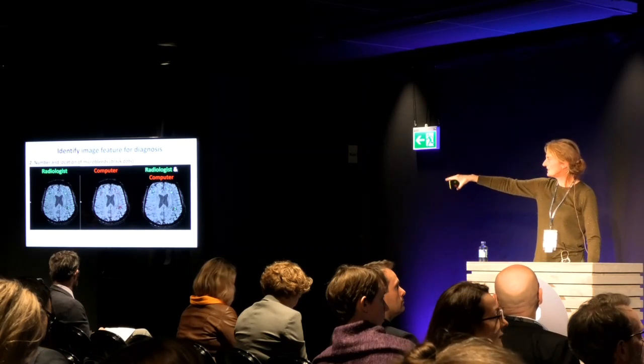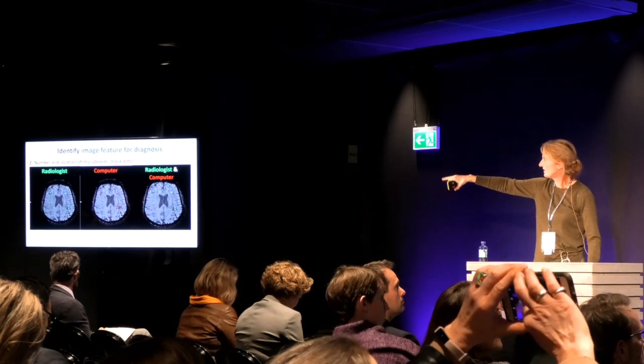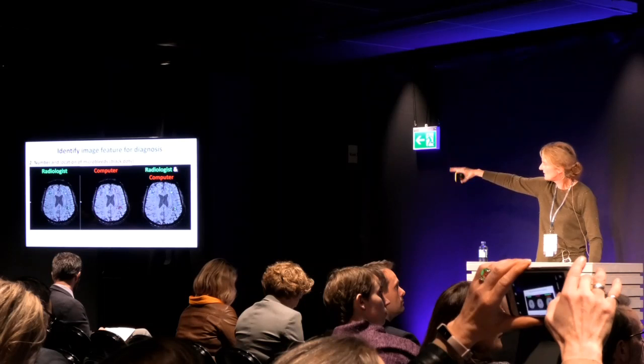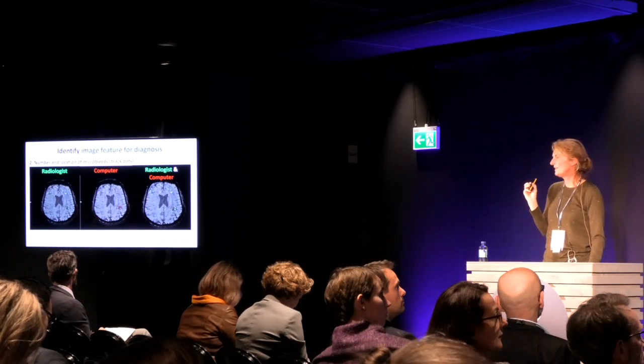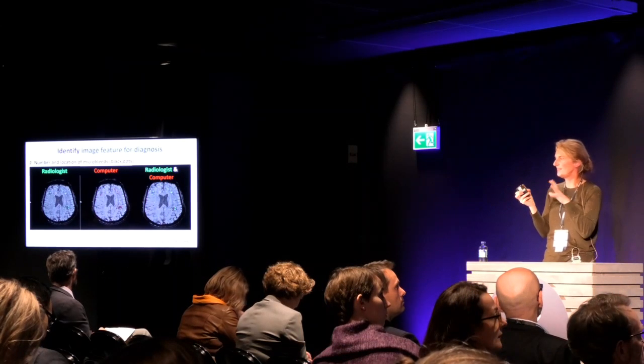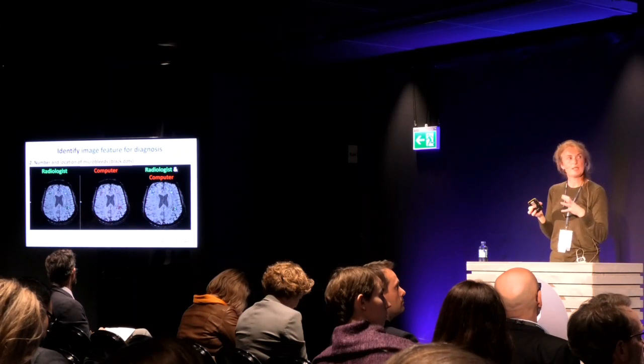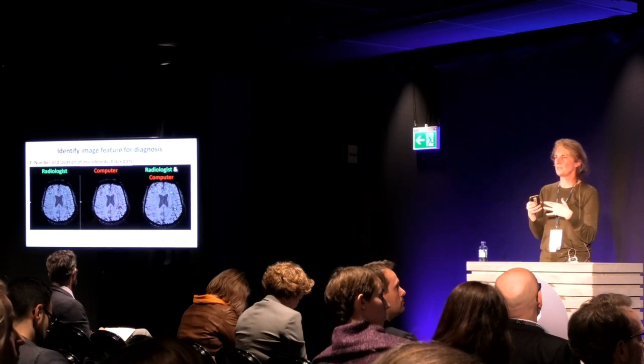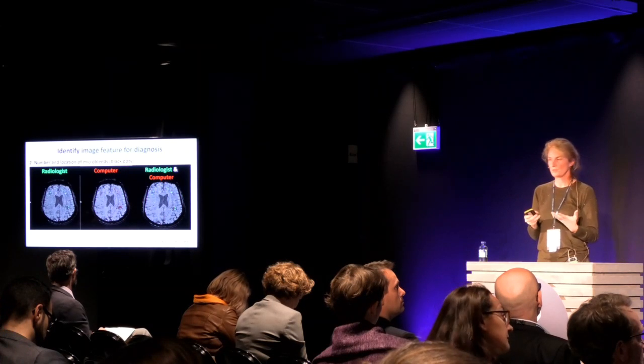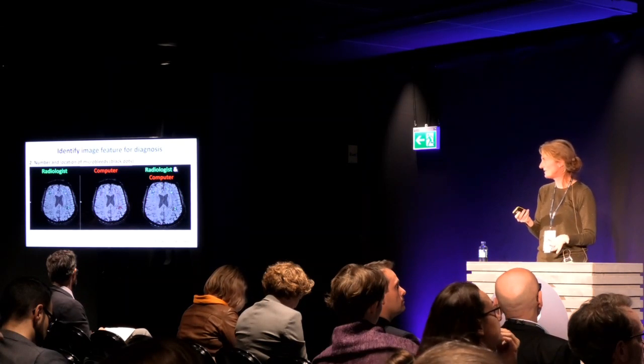The radiologist has marked the black dots on the left, and then the computer, and then you have the overlap. And it works pretty well. So with the results of these two image features together, we now hope that we can better predict outcome in brain injury patients.